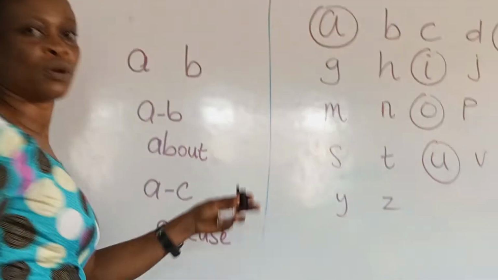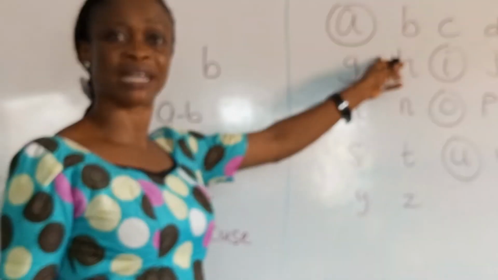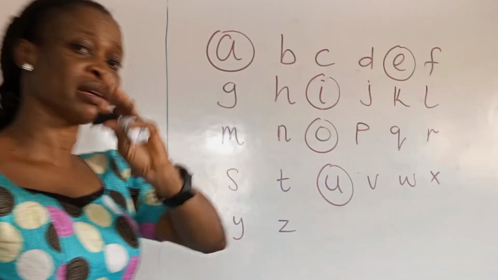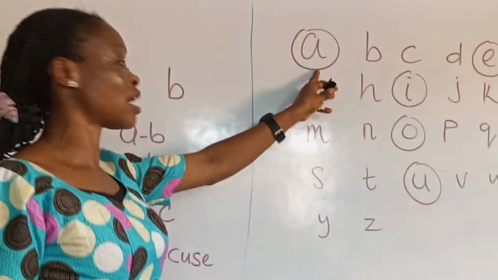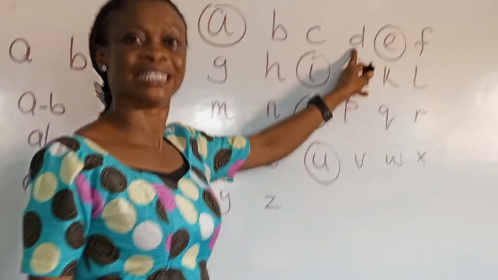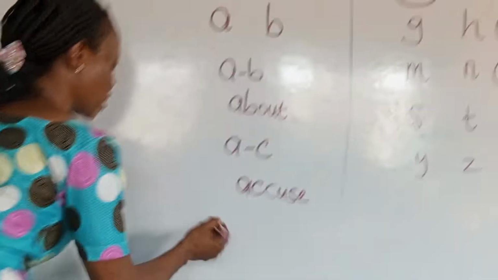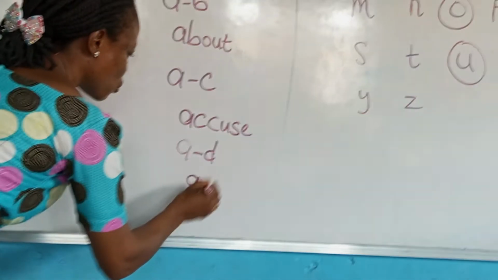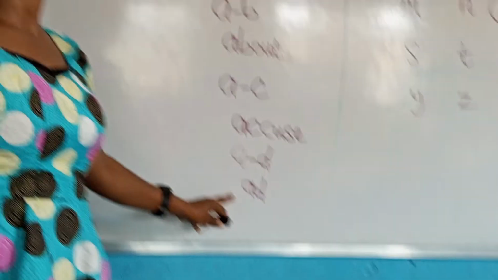Then the third alphabet. We're going to combine the first alphabet and the fourth alphabet. Remember, the sound of the first alphabet is A, while the sound of the fourth alphabet is D. Now, when we join the two sounds together, we're going to produce this sound: ad. What did I say?